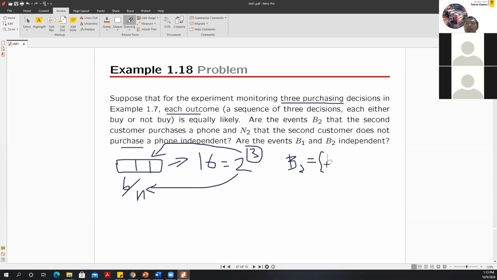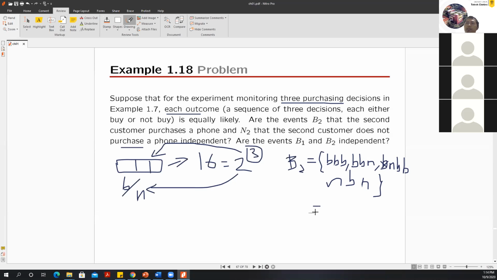So the possibilities are BBB, BBN, NBB, NBN. Any other? The number of members, I think, is 4.